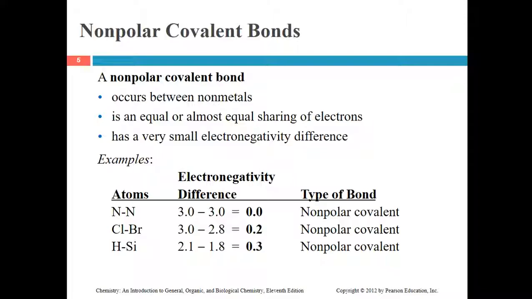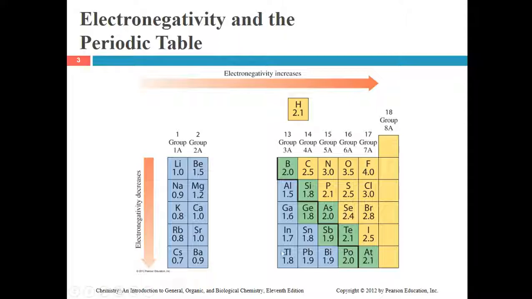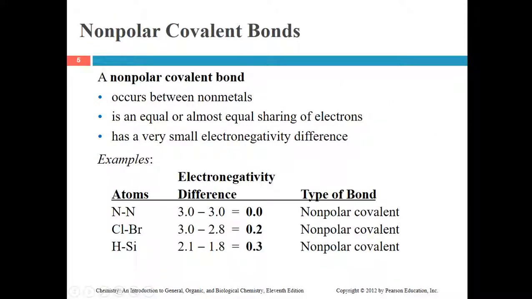When you look up on the table right back here at nitrogen, nitrogen's electronegativity value is 3.0. One of the nitrogens is 3.0, the other one is 3.0, so when you take the absolute value of 3 minus 3, it is 0, then there is no difference in electronegativity, so we're going to call it nonpolar covalent.